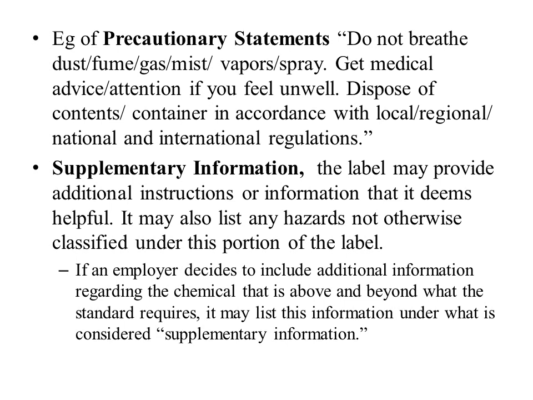For example, if an employer decides to include additional information regarding the chemical that is above and beyond what the standard requires, it may list this information in the supplementary information. So if there is anything else the manufacturer or supplier has to add regarding the chemicals present in the container, that can be done in the supplementary information.